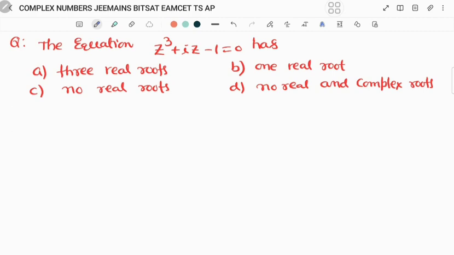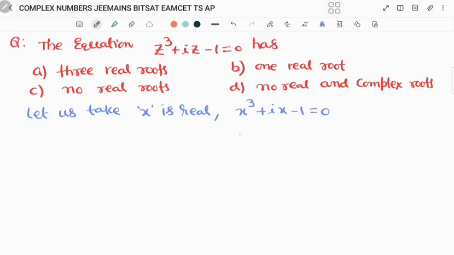So now you can suppose x is a real root. Let us take x is real. So in place of z I am going to replace with x. x cube plus ix minus 1 equal to 0.